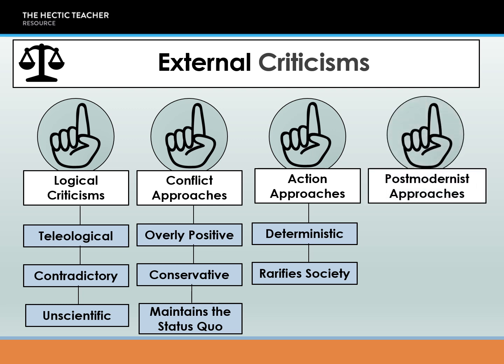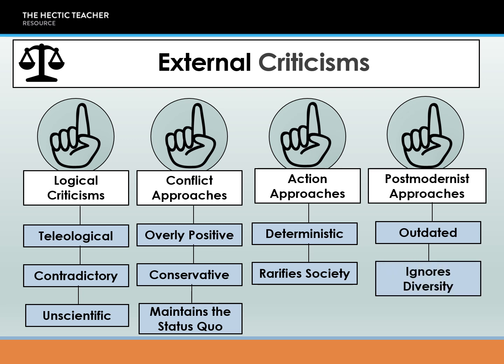And finally, we've got the postmodernists. Now, the postmodernists, they're always going to say that these structural approaches, the macro approaches, are outdated. They are a meta-narrative that is ignoring diversity.